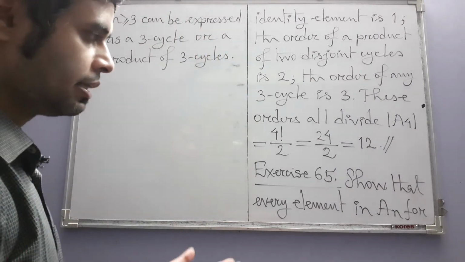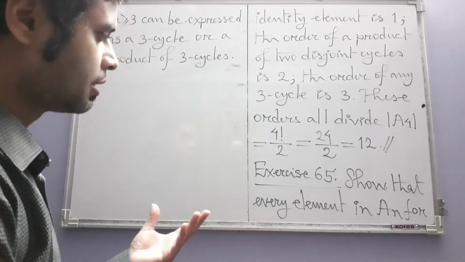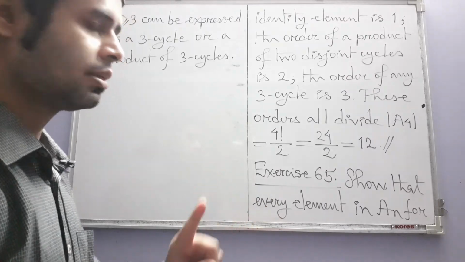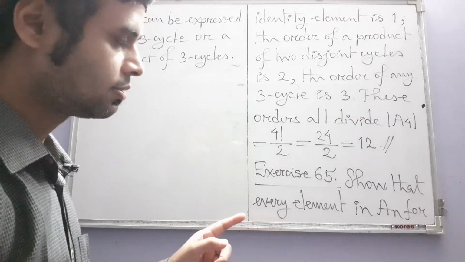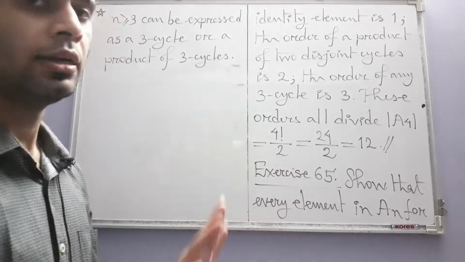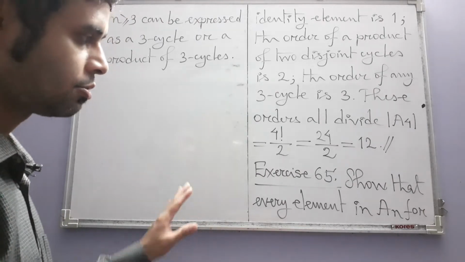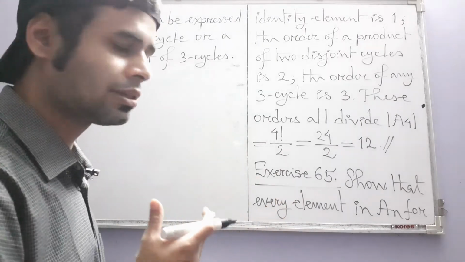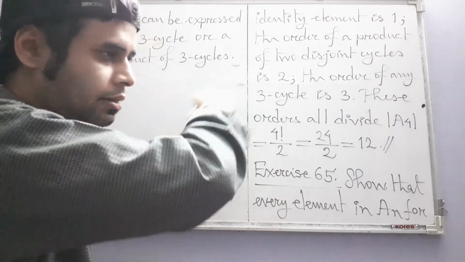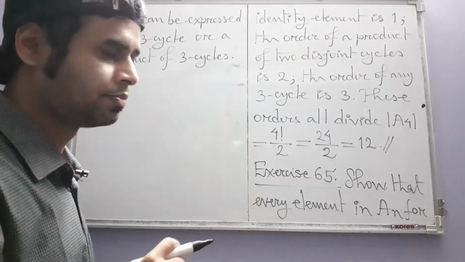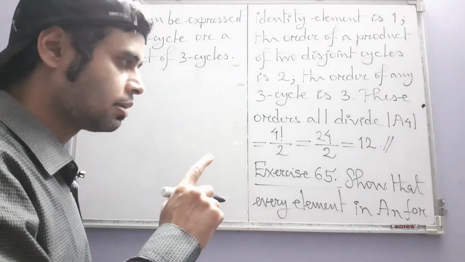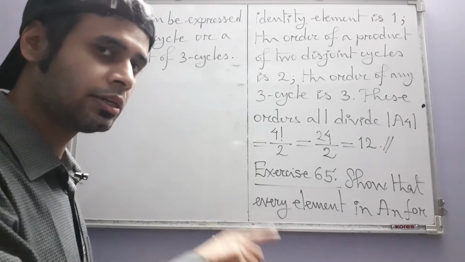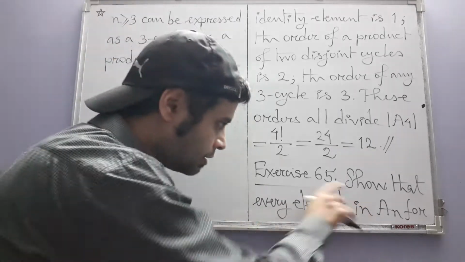Another way of stating this claim is that all the 3 cycles in Sn, where n is at least 3, generate An. In other words, to be more specific, if you collect all the 3 cycles in the entire symmetric group Sn and consider the smallest subgroup of Sn containing all those 3 cycles, then that is An.